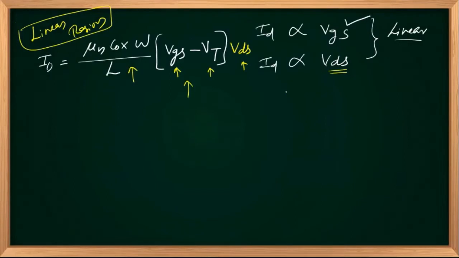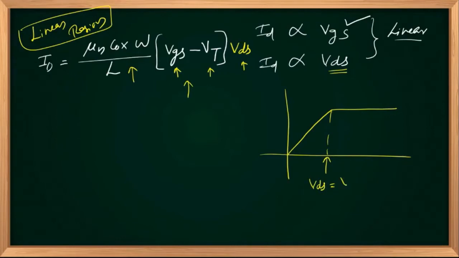Right. Current increases linearly, then it should become flat at a value VDS equals VGS minus VT. Right? So now we are here.